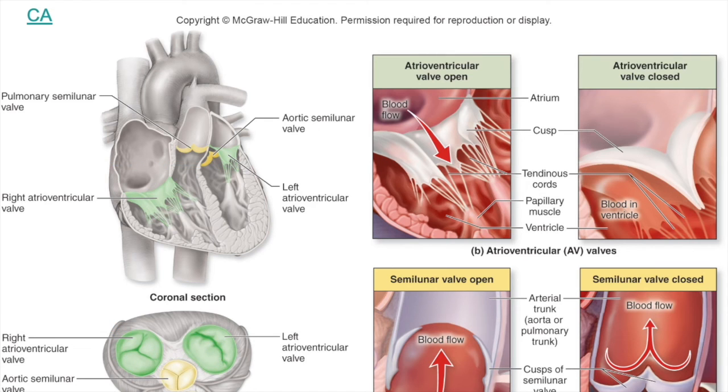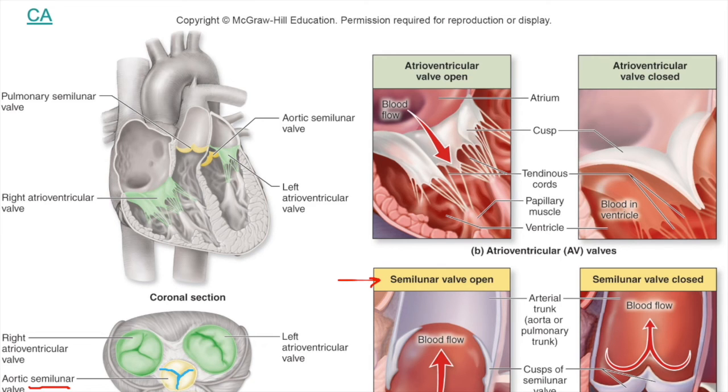We said AV valves prevent backflow of blood within our chambers, so blood doesn't move from ventricle to atria. But we also have these semilunar valves, and they prevent backflow of blood from our great vessels. There are two: an aortic semilunar valve and a pulmonary semilunar valve. They're called semilunar because they thought these little cusps look like little crescent moons or half moons.